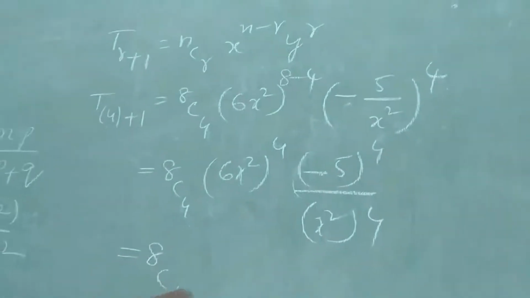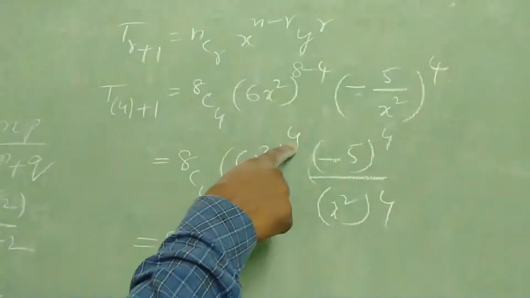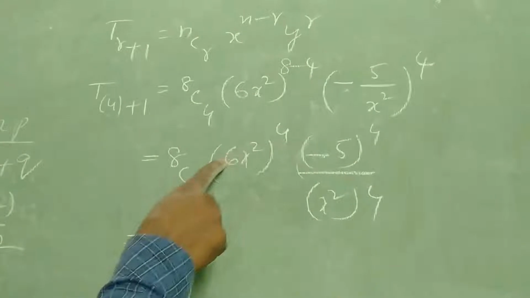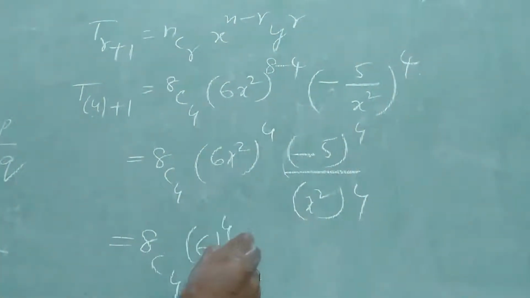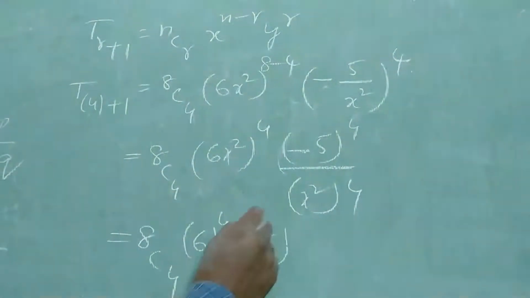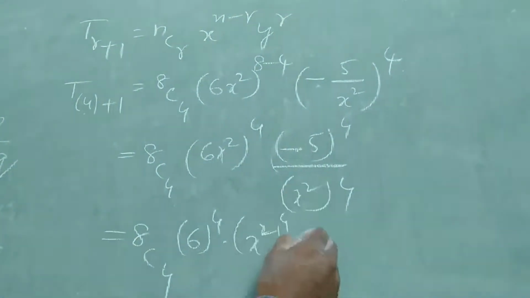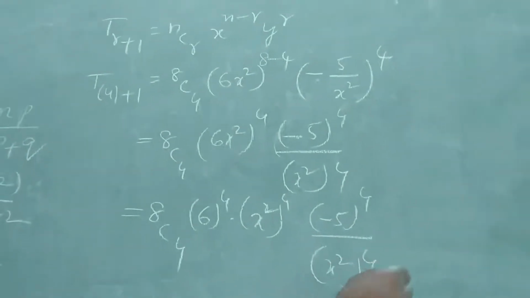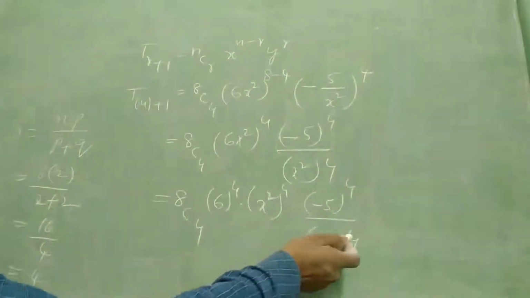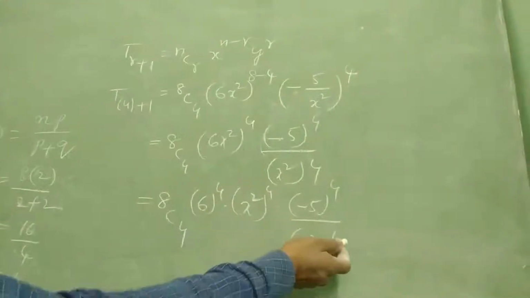So 8C4, (6x square) whole to the power of 4. (ab) whole to the power of m is a to the power of m into b to the power of m. So 6 to the power of 4 into (x square) whole to the power of 4 into (minus 5) whole to the power of 4 by (x square) whole to the power of 4. So (x square) whole to the power of 4 and (x square) whole to the power of 4, x to the power of 8, both are cancelled.